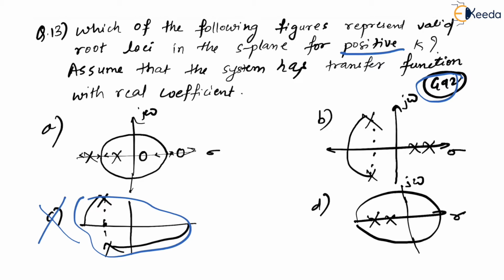Okay. Now let us see B. What is there with B? See, there are two poles on the right half. Yes, it's okay. There can be poles, there is no problem. But is this a root locus area or not? Yes, it is a root locus area between these two poles. Why? Because if you hide this particular area on the right, you find one pole.